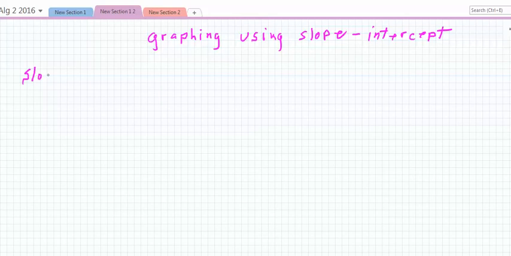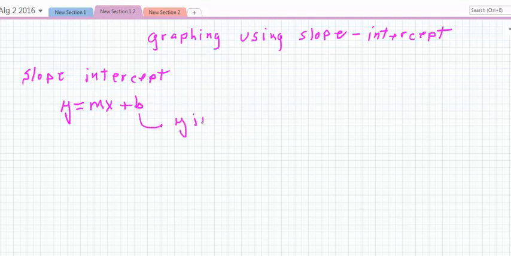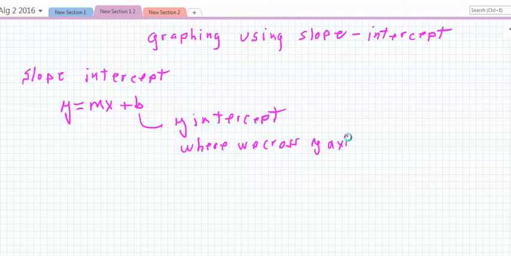Slope-intercept is in the form of y equals mx plus b, where b is the y-intercept, which is where we cross the y-axis.